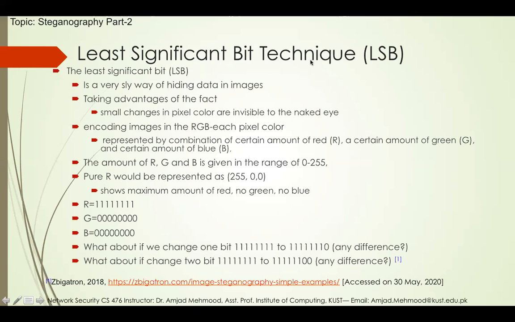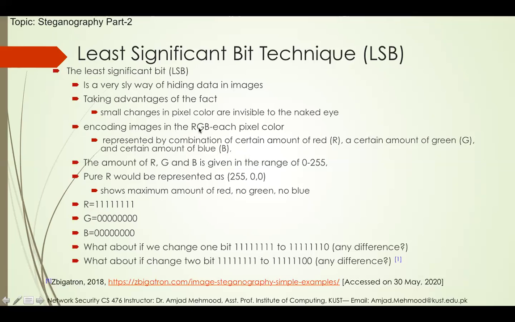This technique says that the least significant bit is a very sly way of hiding data in images, taking advantage of the fact that small changes in pixel colors are invisible to the naked eye. As you know, if you make a little change, like a change of 1 or 2 bits, it cannot be visible to the naked eye.